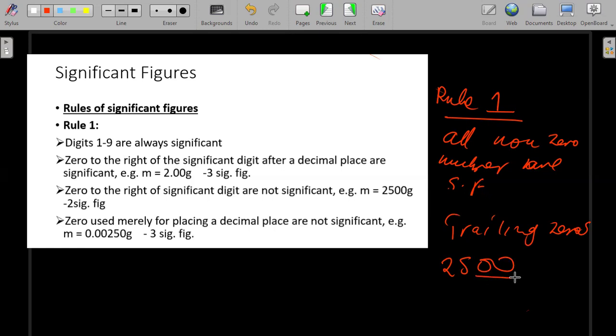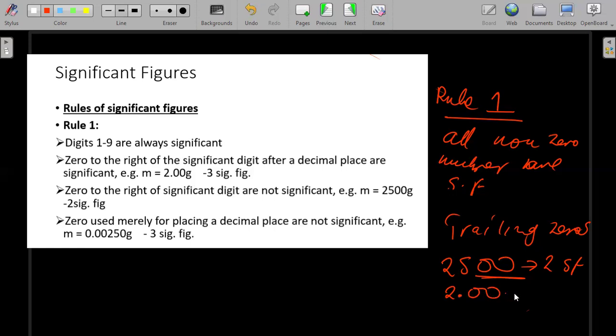So these zeros are trailing zeros, and they are not going to be significant in this case. So here in this number, you are going to have two significant figures. We can also have zeros which are trailing zeros, but maybe they come after a decimal point. For example, let's say 2.00. There's a decimal point here.